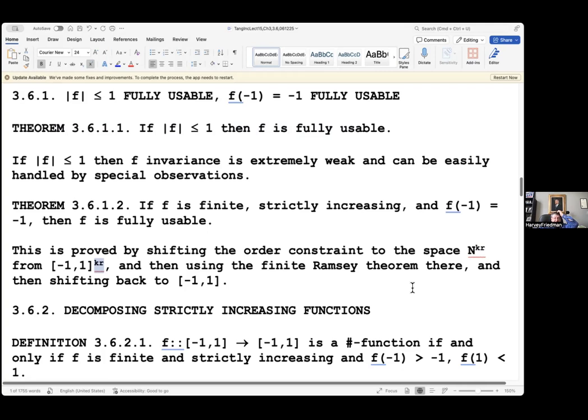And then there's a way of shifting the thing back into -1, 1 to get the result in there. You need f of -1 equals -1 to start properly.